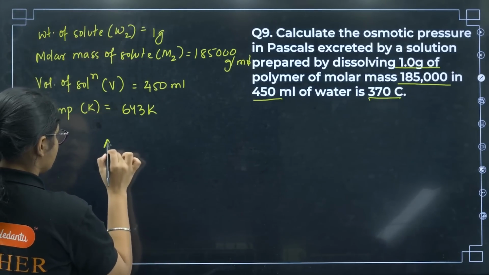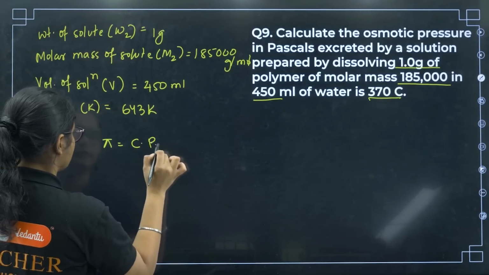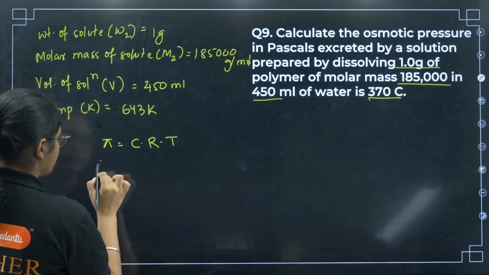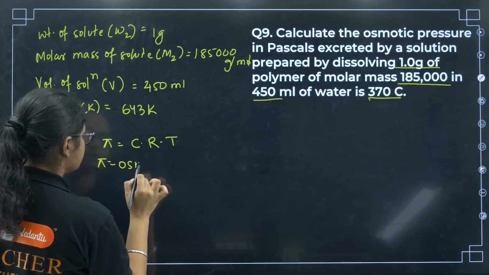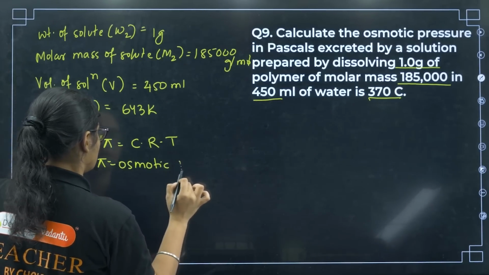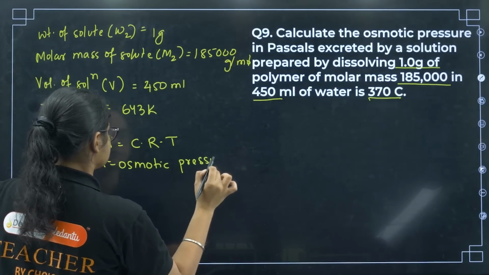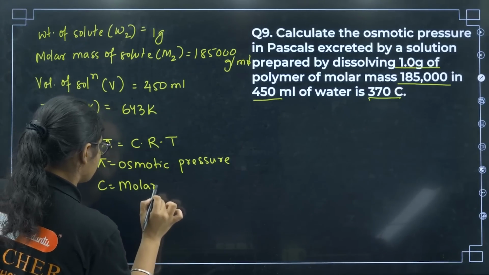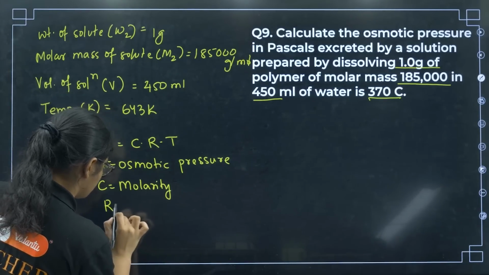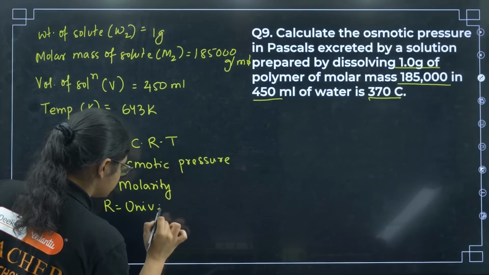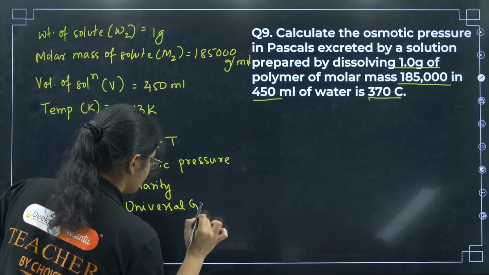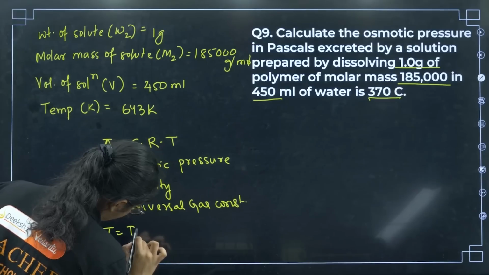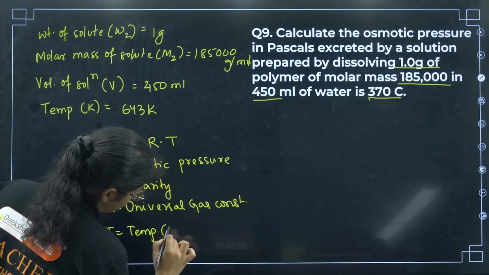Now we will write the formula: pi is equal to C into R into T. Here pi is equal to osmotic pressure, C is equal to molarity, R is equal to universal gas constant, and T is equal to temperature in Kelvin.